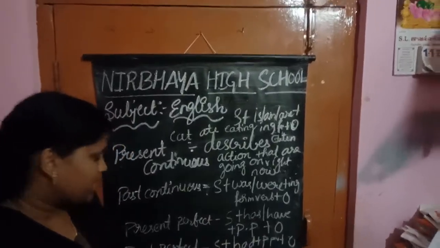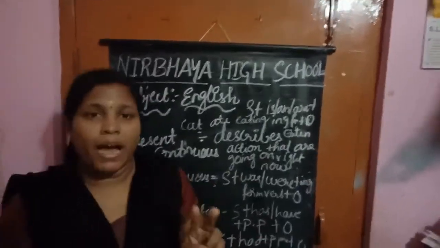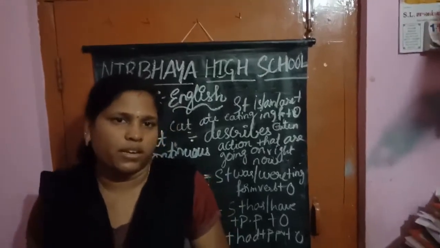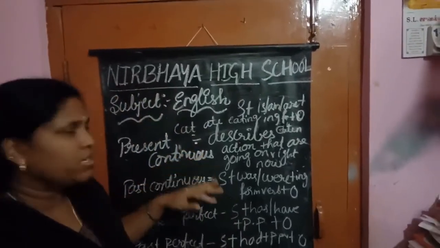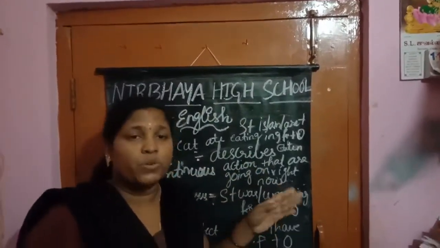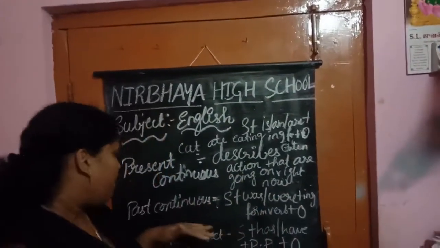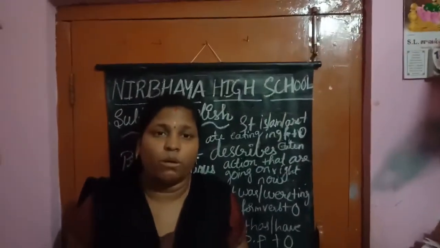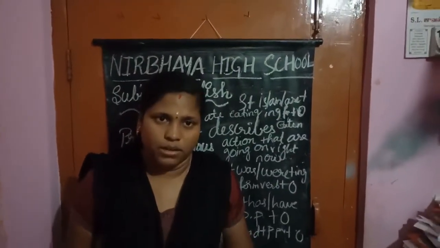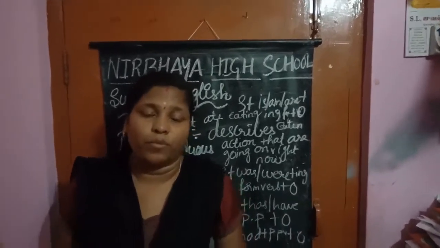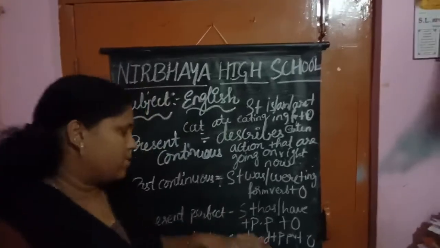Here the past perfect tells that in the past two actions were done: which was done first and which second. Understood, children? Now we have observed this. What is the present continuous? It describes an action which is going on right now. Past continuous describes an action which was already done at that time.